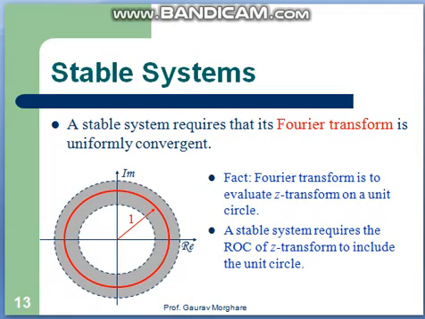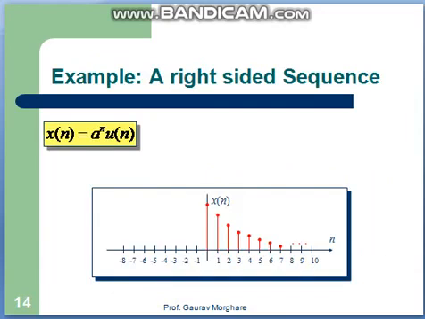So for any stable system the definition is very clear: we have to give a bounded input, that means a finite input, and it will give us a bounded output, that means a finite output. So the Fourier transform is the Z transform evaluated on the unit circle, and for a stable system the ROC should be defined very well.